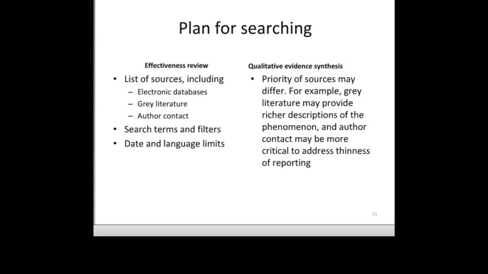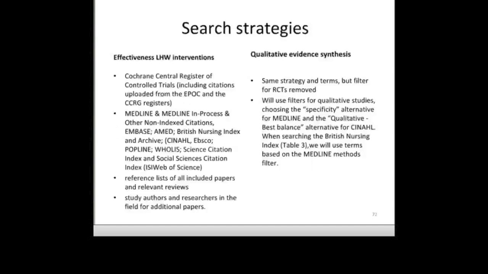So that leads to the fact that these studies are often not indexed as qualitative studies, and so hard to retrieve. So you may need to contact more people to generate evidence, particularly when what you found is really thin in level of description. So here's an example of a search strategy developed for the lay health worker review.